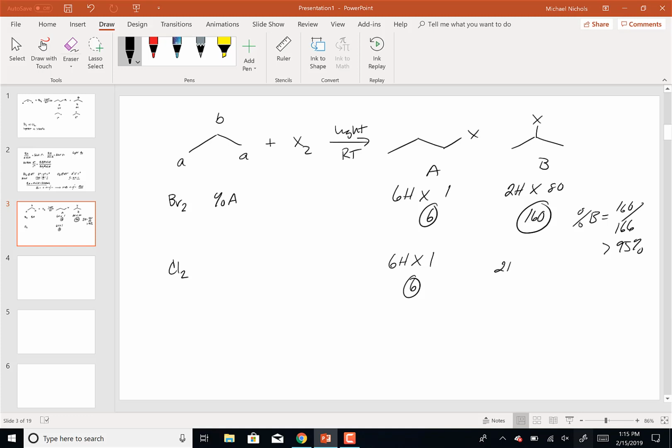There are 2 hydrogens, and now a secondary radical has a selectivity in chlorination of 3.4. So it's going to be 6.8 for that one. So what's the major product? B, just barely. So B is just over 50% of the product.